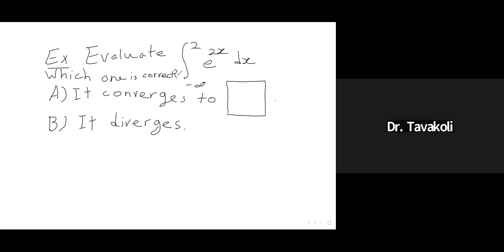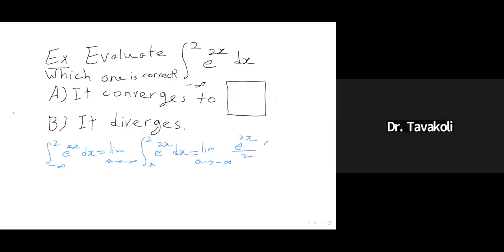This integral, by definition, the integral from minus infinity to 2 of e to the power of 2x dx, is the limit as a tends to minus infinity of the integral from a to 2 of e to the power of 2x dx. Let's keep the limit here. The antiderivative of e to the power of 2x, as we know from before, is e to the power of 2x over 2.